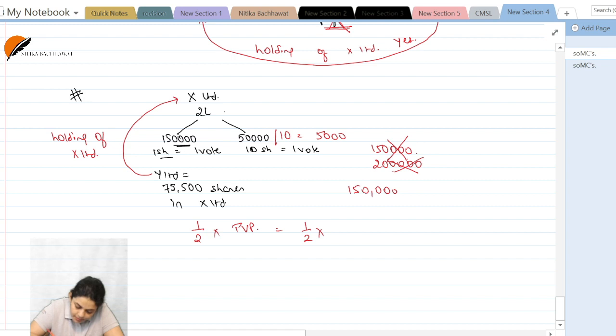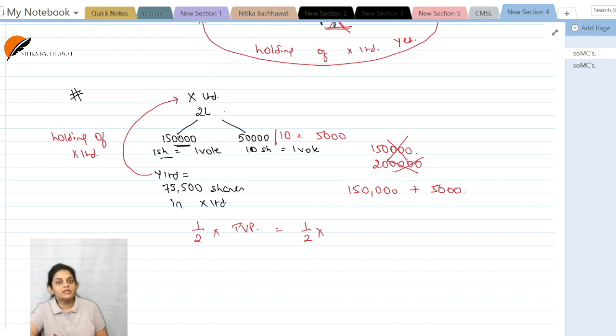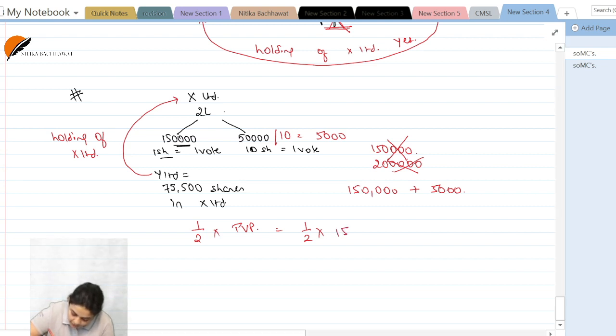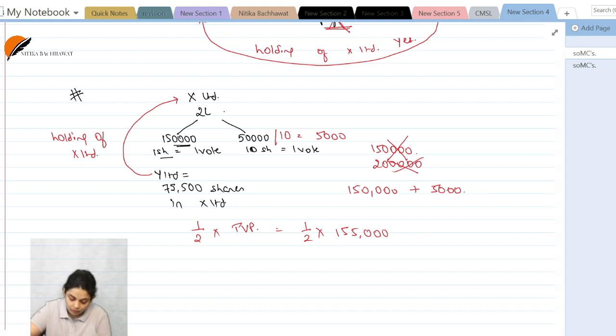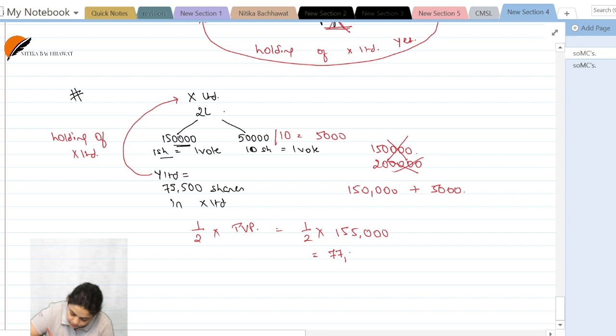1,50,000 plus for this 50,000 the voting power is 5,000 because 10 shares 1 vote. So 50,000 shares, how many votes? 5,000 votes. So it has to be half of 1,55,000, which has to be more than 77,500.